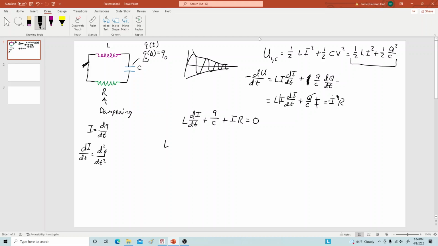So this can be written as L d squared q dt squared plus dq dt r plus q over c. So now this is a bona fide second order linear differential equation. Now solving this particular equation is beyond what is necessary for introductory physics.